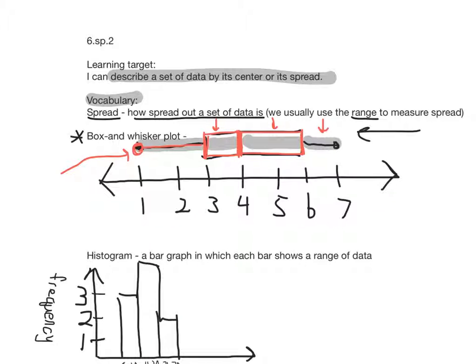It's called the lower quartile, and 6 is the upper quartile. That splits the upper half. And 7 is the biggest number. Okay, so that's box and whisker plot. You'll learn more about it later.